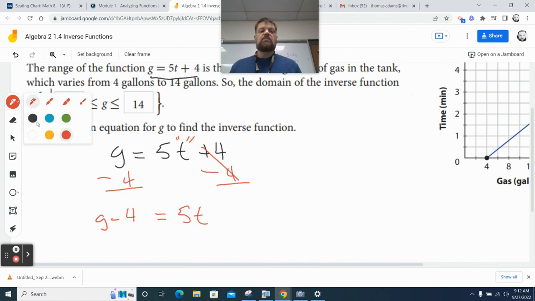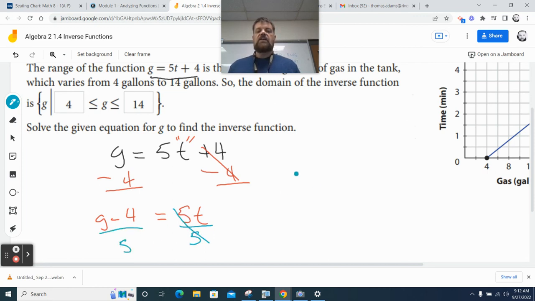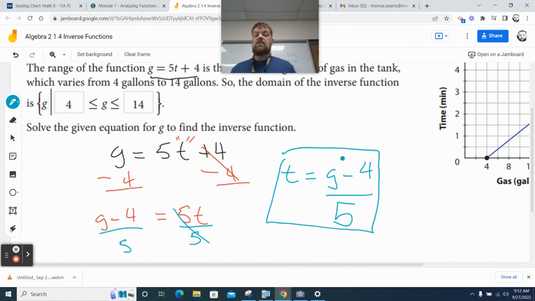In the next step, we divide by 5. 5 divided by 5 is just T, so we get T is equal to G minus 4 all over 5. So that's the equation. That's it.